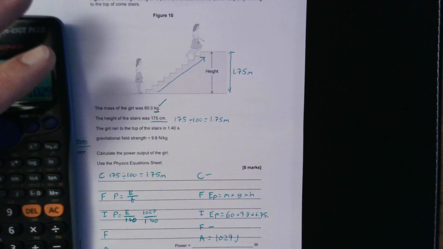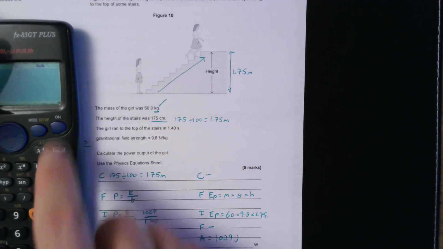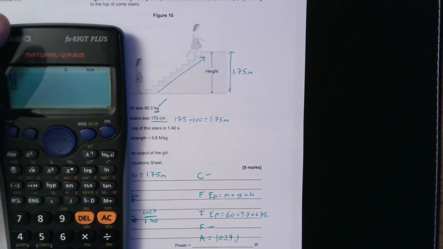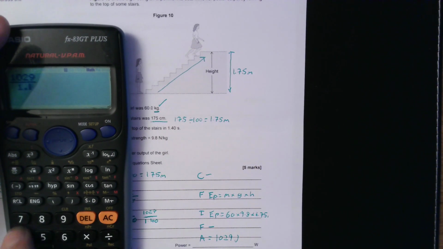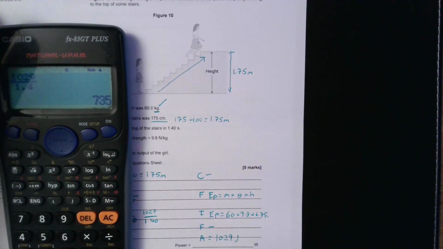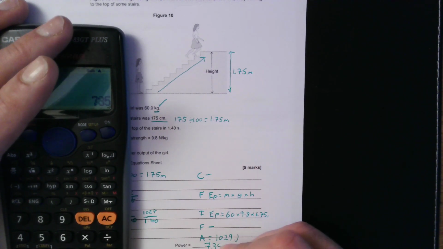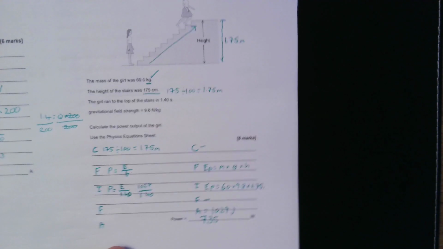So then we do 1029, well, fraction button, remember. So fraction button, 1029 divided by 1.4, that gives us 735 watts. Okay, and that's our answer, 735 watts.